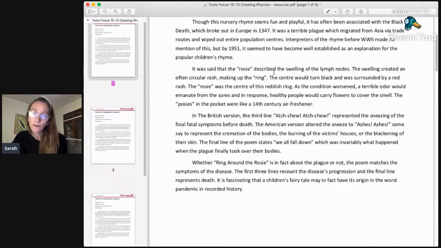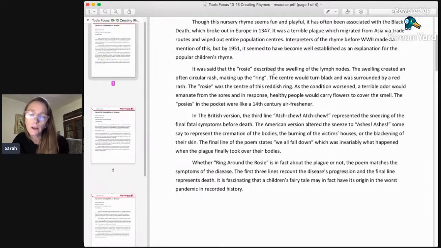In the British version, the third line, achoo, achoo, represented the sneezing of the final fatal symptoms before death. The American version altered the sneeze to ashes, ashes, some say to represent the cremation of the bodies, the burning of the victims' houses, or the blackening of their skin. The final line of the poem states, "We all fall down," which was invariably what happened when the plague finally took over their bodies.